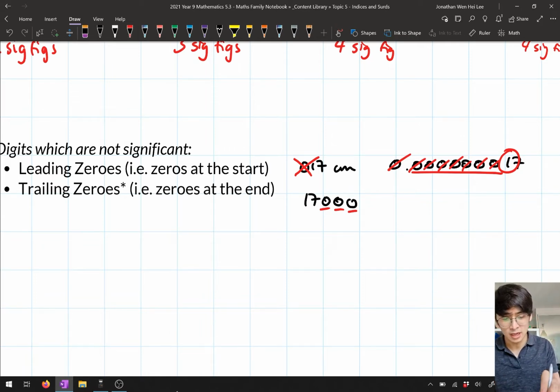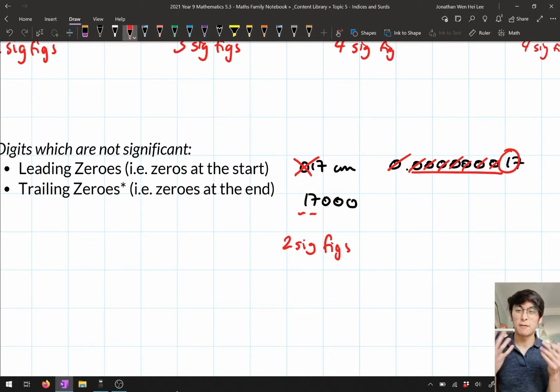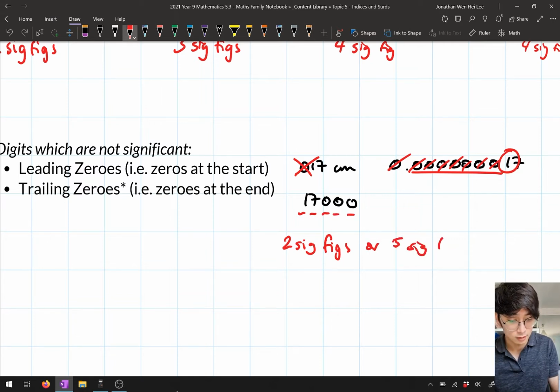So in this measurement, the 1 and the 7 are definitely significant figures, 1, 2. So we've got 2 significant figures. But the zeros at the end, we can't tell if they actually are significant figures. So this could be 2 significant figures, or it could be 5 significant figures.